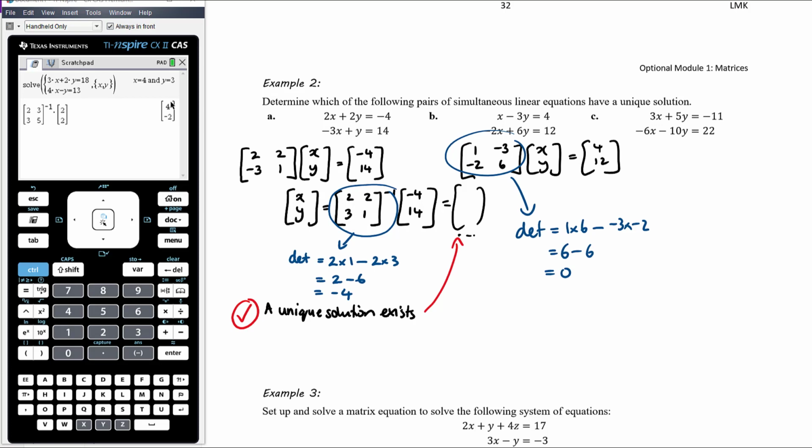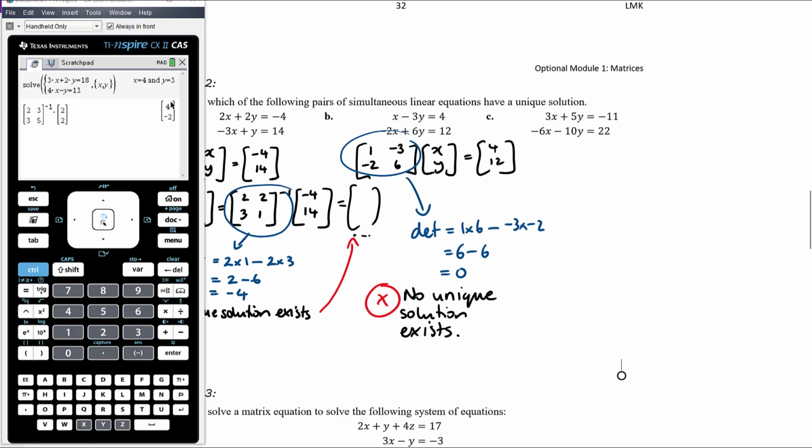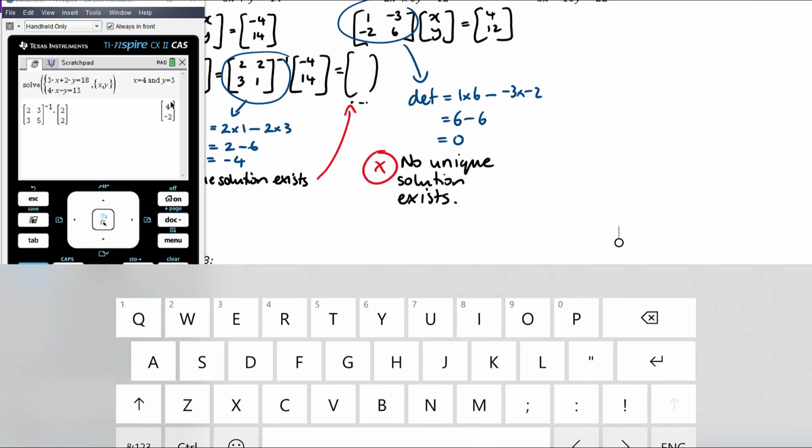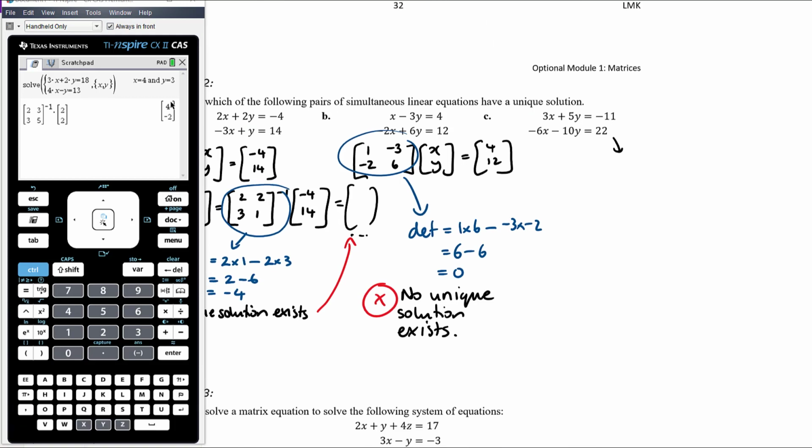So this one, no unique solution exists, because we cannot find the inverse of that matrix, and so therefore we cannot solve the matrix equation. Now, there might be no solutions, or there might be infinitely many solutions. We don't know that, and we don't need to make that decision in further maths. We just need to know that there will not be a unique solution to this equation if the determinant equals 0.